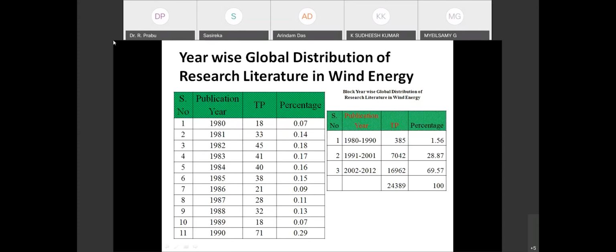Between 1991 and 2007, just imagine, 7,042. So gradually we are seeing developments in the area of wind. It means people have started to concentrate on this area, they are conducting a lot of research, and they keep producing articles. And finally, by 2012, in those ten years, research productivity doubled. So this is the year-wise productivity.